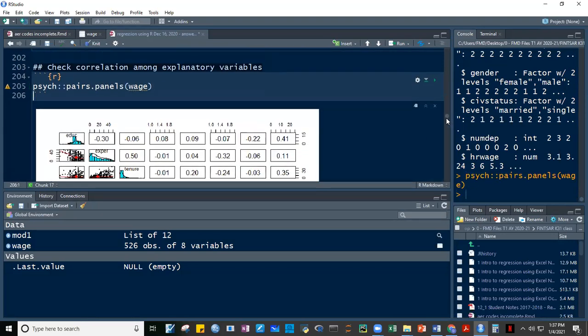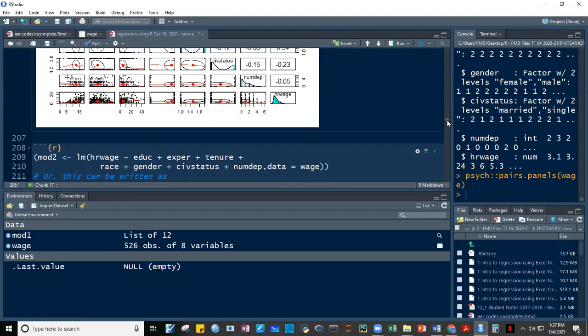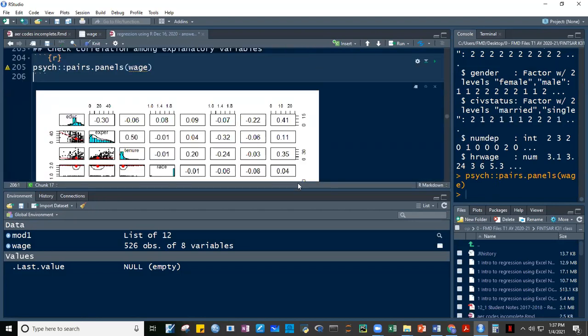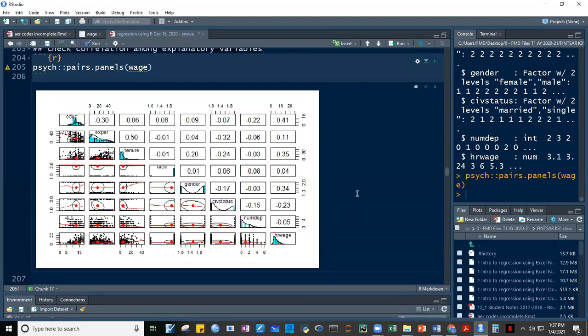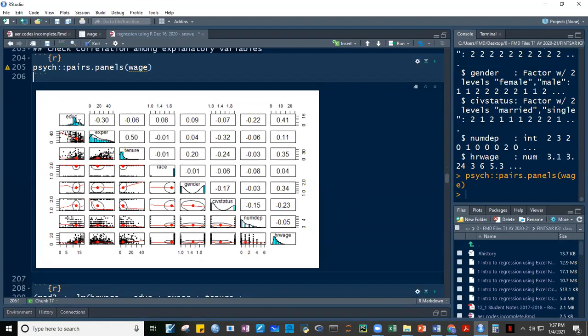Okay. So this is a good way to show the relationship between your variables, no? So this is education and experience, 0.3 sila. Okay, education and tenure, it's 0.6. So watch out for those variables that have very high correlation, no?